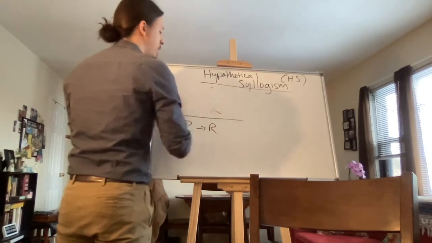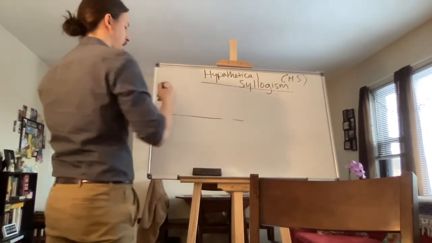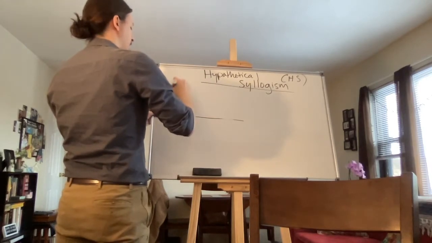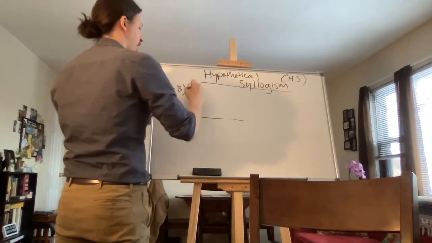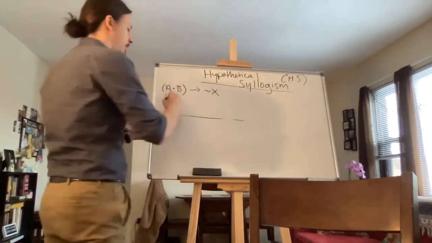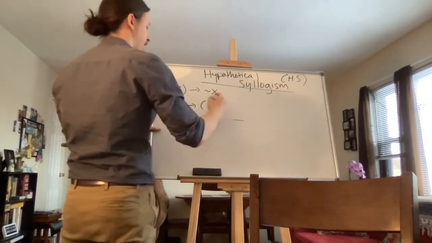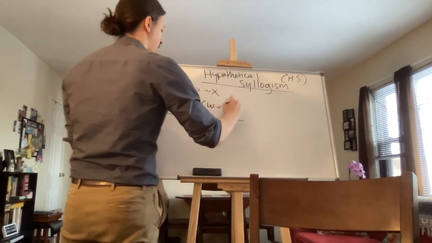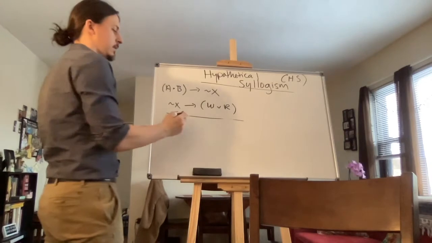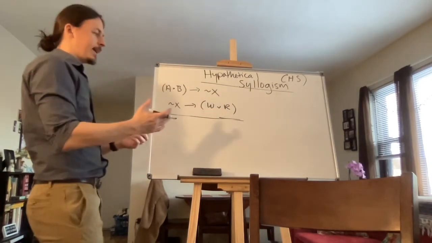Or you can make it a little more juicy. Maybe you say something like, if A and B, then not X. And, if not X, then either W or R. All you got to do, don't make it complicated for yourself.